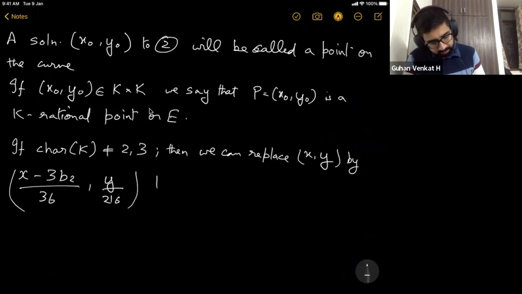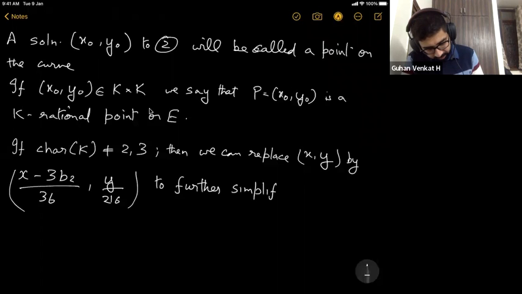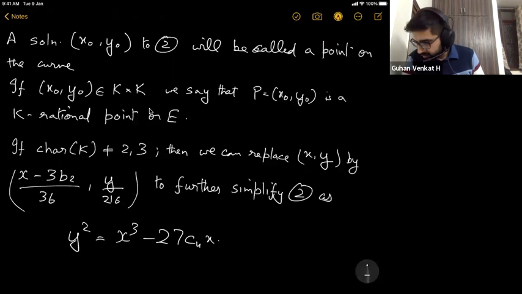And to further simplify, once we do this, we can put the equation of the elliptic curve in a much simpler form. To further simplify this equation 2, y squared is x cubed minus 27 c4 x minus 54 c6.